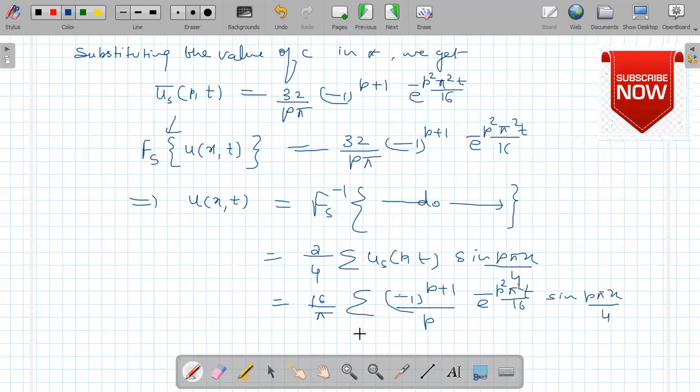This is the answer, where summation is over p, and the summation varies from 1 to infinity. Okay. So we leave it here. This is the answer.